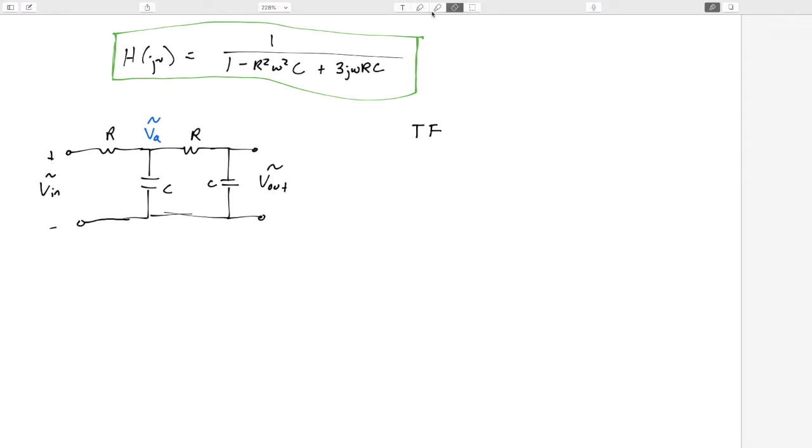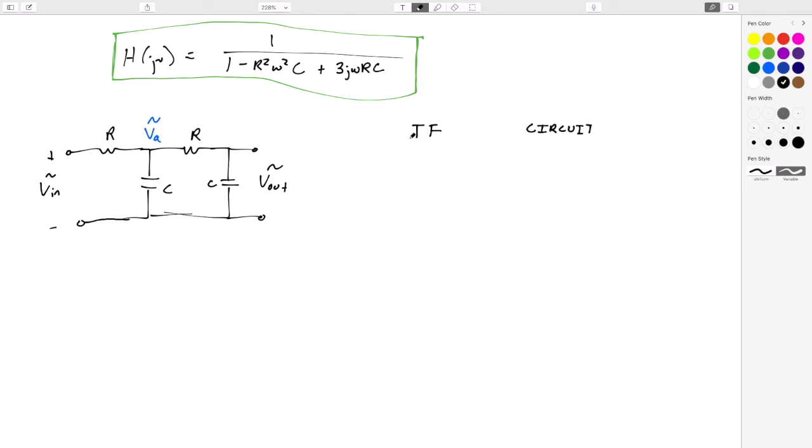What I'm going to do is just sketch out or note down some things that I observe at different frequencies, just to make sure this thing actually makes sense to me. So for example, when omega equals 0, so basically at DC, what is the equation telling me my input to output relationship is going to be, and what is the circuit as I know it from analyzing capacitors and resistors going to tell me?